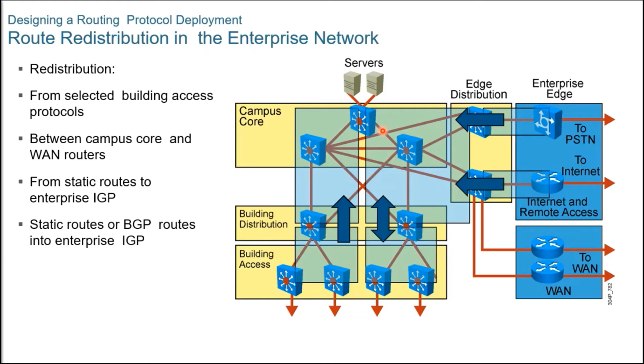In the internet connectivity module with only one exit point, the exit point is the default route to traffic destined to the internet and is propagated through the core routing protocol. Now, if multiple exit points towards multiple ISPs exist, BGP provides internet connectivity and redistribution can be used.